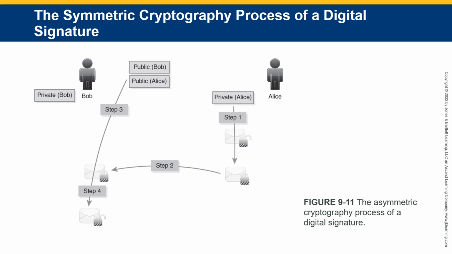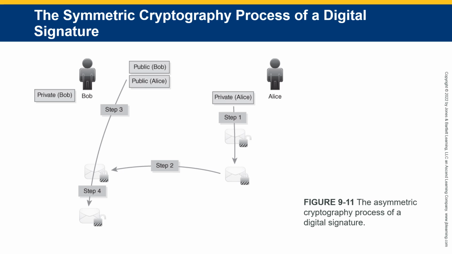Here we have Alice wanting to send something to Bob. Alice hashes her message to show it's there, and she sends it to Bob. Bob looks at it, decrypts it.